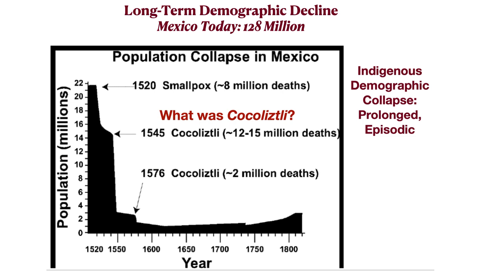And it's much later that it reaches the kind of levels that you had before the Spaniards. Mesoamerica had been a densely populated area. It had some of the most sophisticated and productive agriculture in the world, which I will talk about. But at any rate, the nature of this second and third epidemic, Cocoliztli, is unknown.